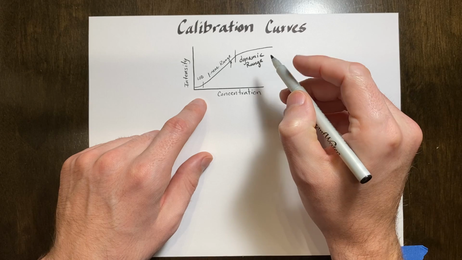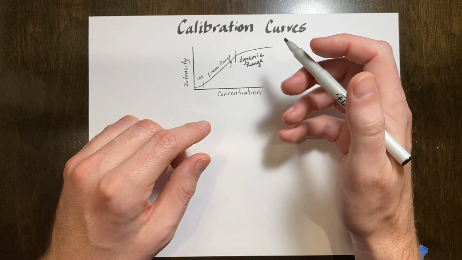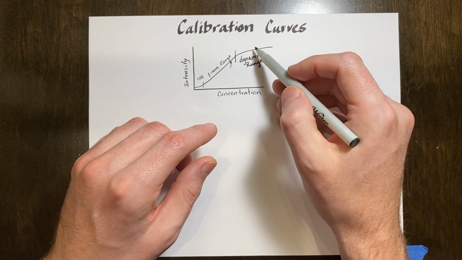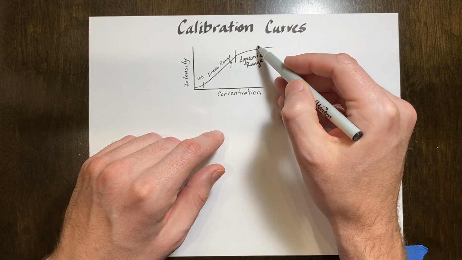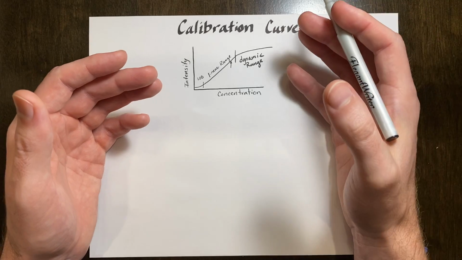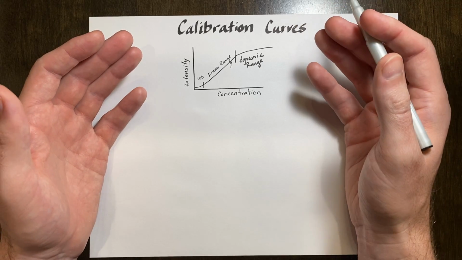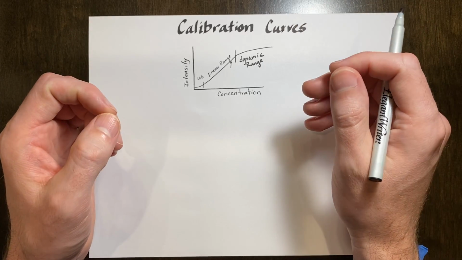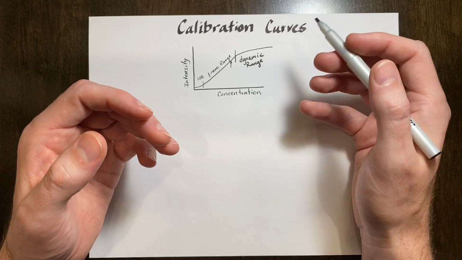Now, if I have calibration points all the way out in this dynamic range, it can still be useful. You'll have to use a different formula than a linear fit to determine the concentration at those points, but it's possible to use it. It's not wrong to use the dynamic range, but it's important to recognize when I might be in it.